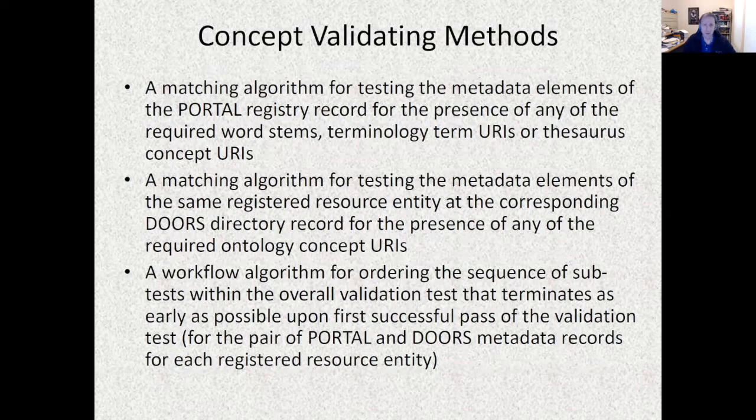We use a variety of concept validating approaches to either include or exclude the record. And of course, when we exclude a record from a given problem-oriented domain, that doesn't mean that we remove it from the system. It just means that we place it in a different, more general or more appropriate directory instead of the one where it does not belong.